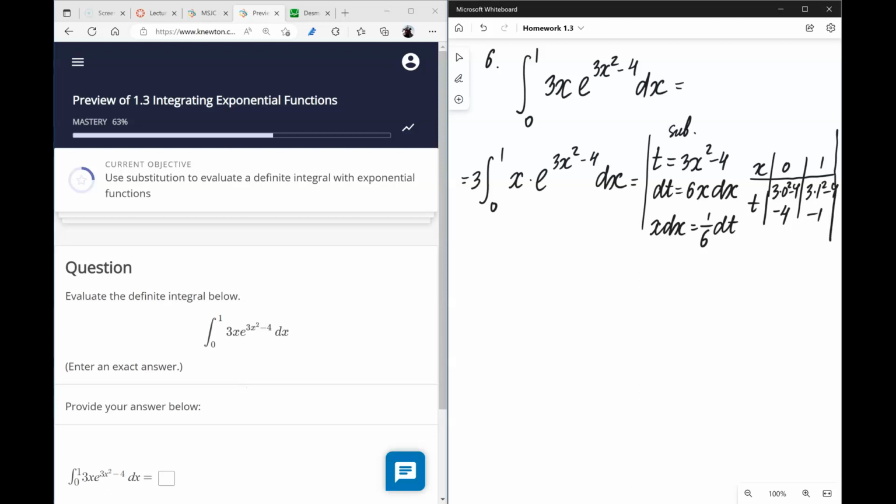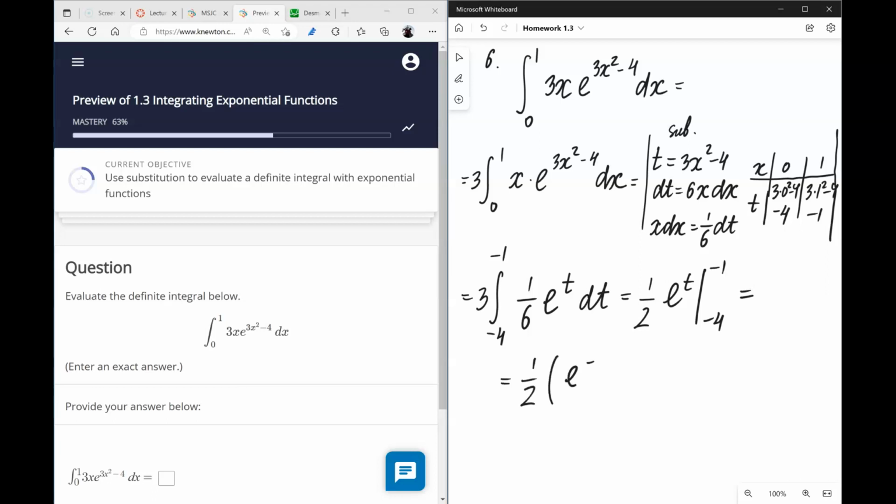So the integral now becomes 3 integral from -4 to -1, and we have 1/6 e to the t dt. So taking out 1/6, we get 1/2 e to the t, evaluated from -4 to -1. So the final answer is 1/2 e to the -1 minus e to the -4.